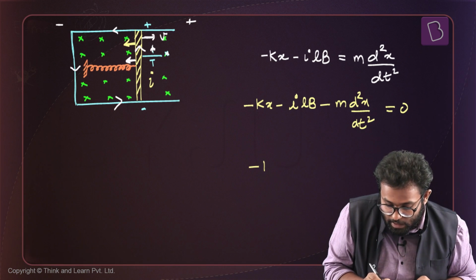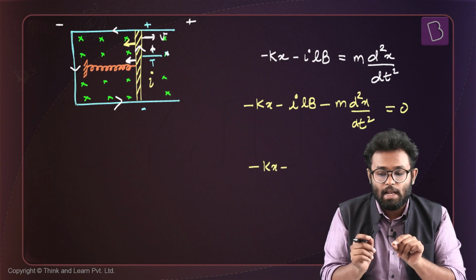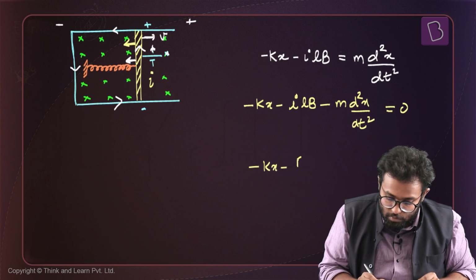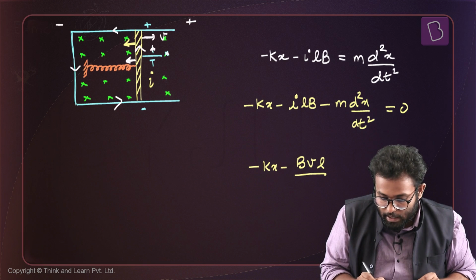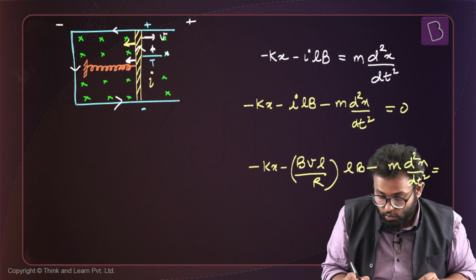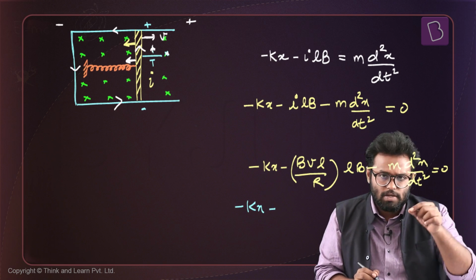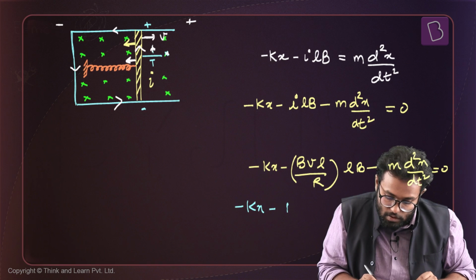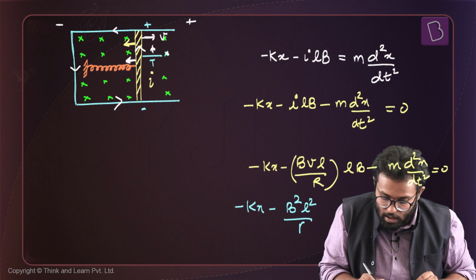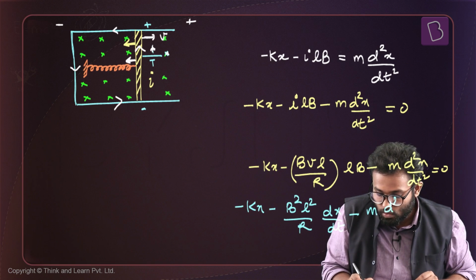So that becomes minus kx minus I, and I know from motional EMF that EMF is BVL, so I will be BVL by R, times LB also sitting there, minus m d squared x by dt squared equals 0. Let me write that down again. This becomes minus kx minus, V can be written as dx by dt, so minus B squared L squared by R dx by dt, minus m d squared x by dt squared equals 0.